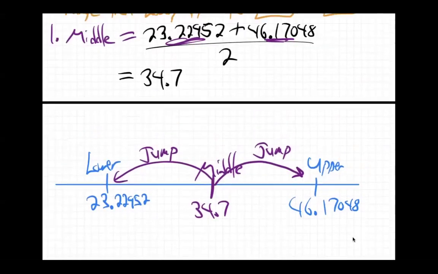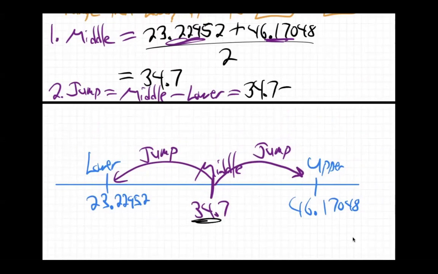Well, the easy way to find that, step number 2, is the jump equals the middle number you just found minus the lower number. So that'll be the middle number we just found, 34.7, minus 23.22952.